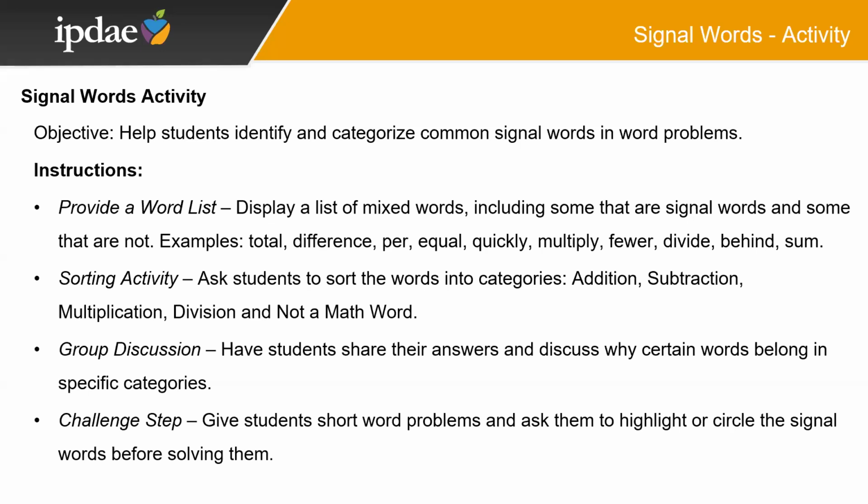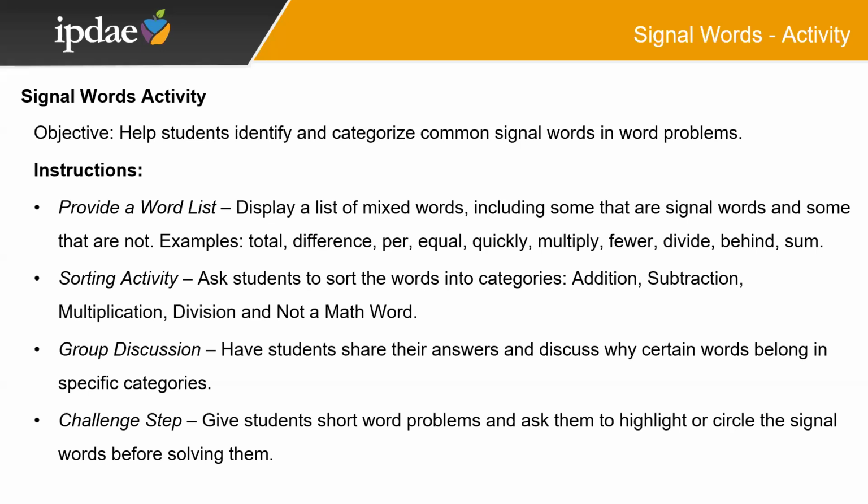And if you look at the example of the word list I threw up here pretty quickly, you can see a few things like quickly and behind that are not necessarily math words, right? And so, yeah, you could have behind maybe used in some sort of discussion of the order in which people are sitting or the direction between one fence and another or something.